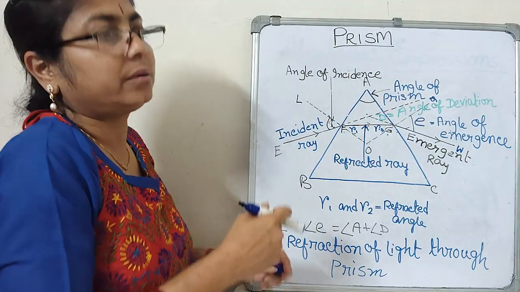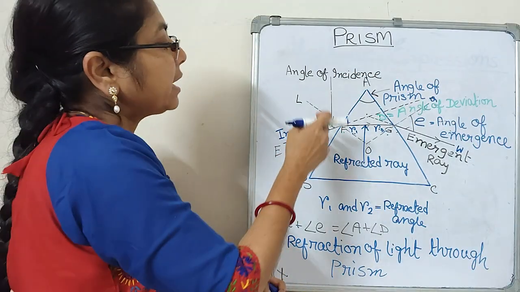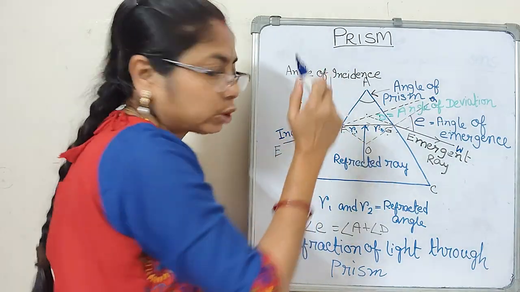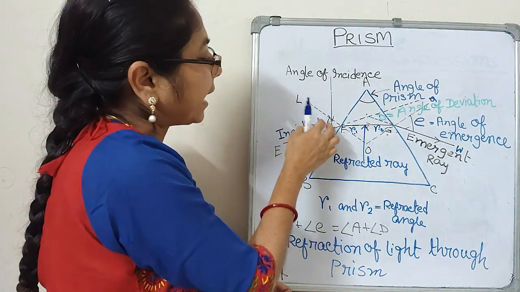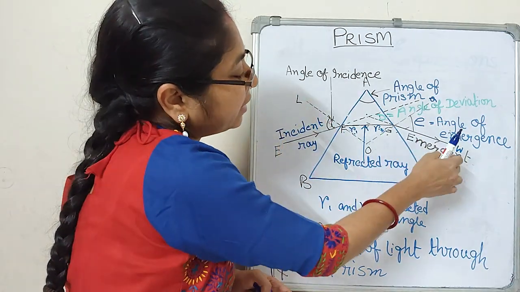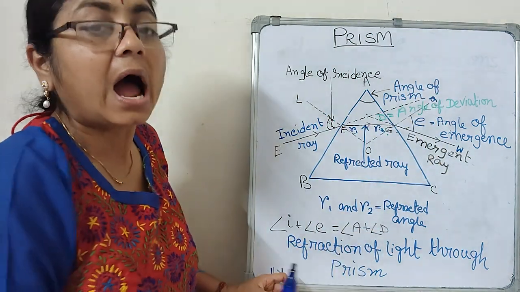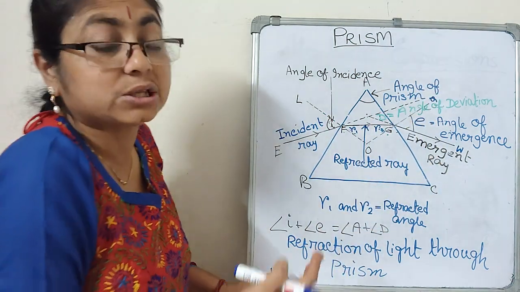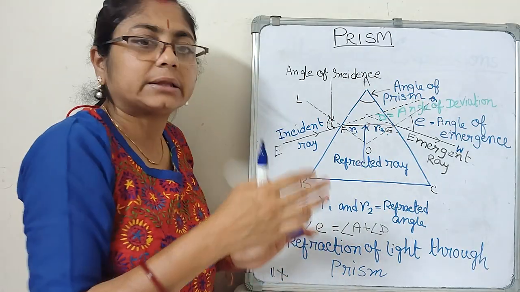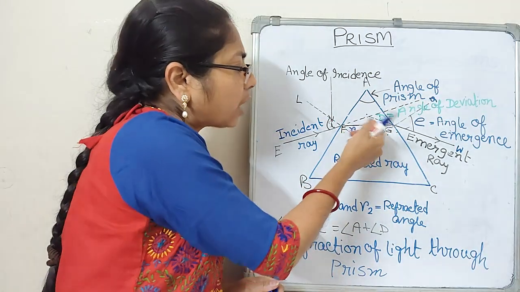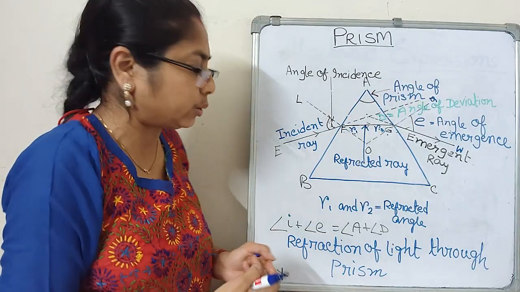If the ray passes symmetrically, meaning R1 and R2 are the same, then the angle of incidence and the angle of emergence are equal. Otherwise, it is not in all cases, it is a special case. Otherwise R1 and R2 may not be equal.